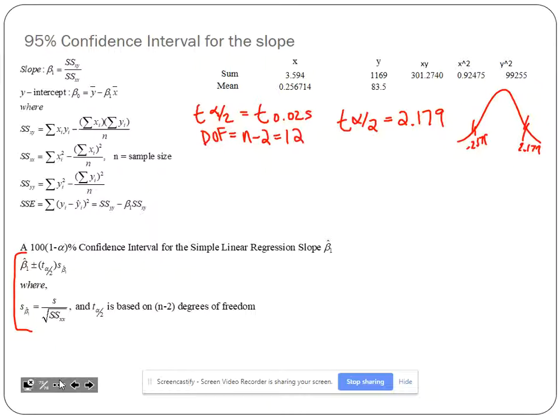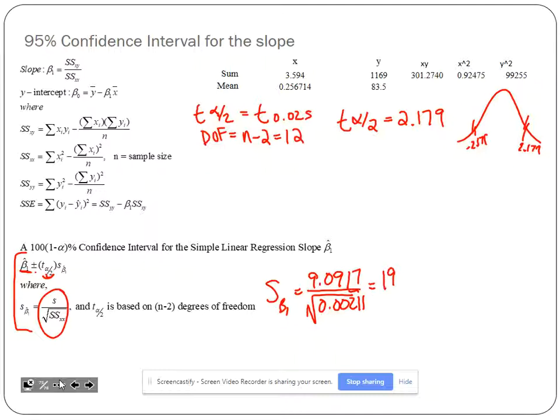Okay, now we've got our slope plus or minus this value that we just found times s sub beta 1. And what that is, is the standard deviation that we found divided by the square root of the SSXX. Okay, so if we do this, s beta 1 equals 9.0917 divided by the square root of 0.00211.